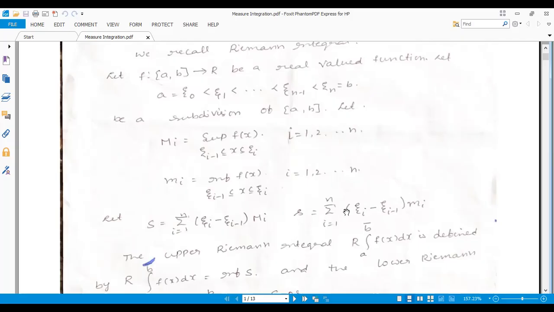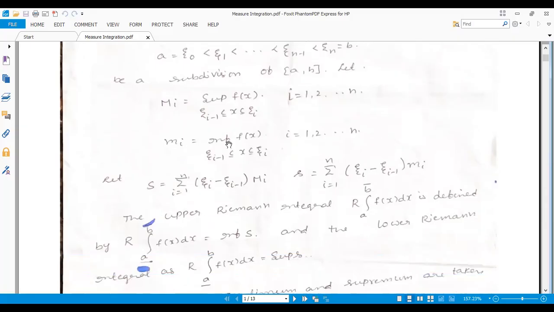Similarly, small s is the summation, i running from 1 to n, of mi times Δxi. You know that small mi is the infimum of f(x) and capital Mi is the supremum of f(x). Then we can define the upper Riemann integral and lower Riemann integral in this way.